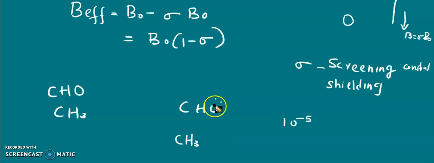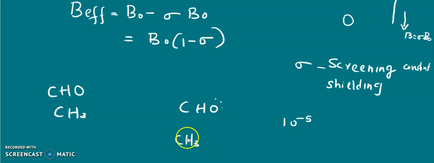Oxygen is more electronegative, so the electrons tend to accumulate around oxygen, and therefore the electron density around the protons in CHO is less than the electron density around the protons in the CH3 group.